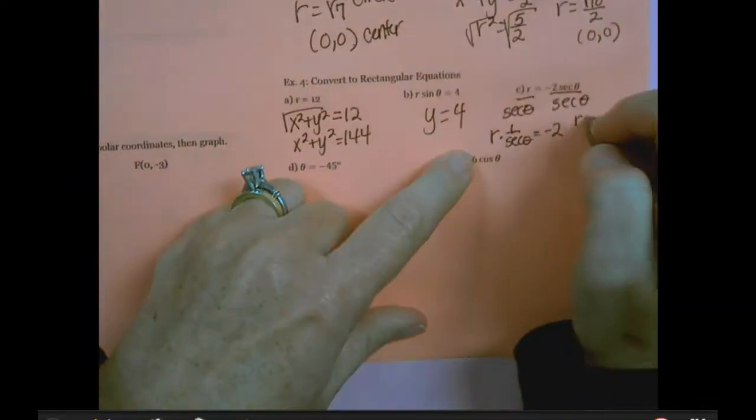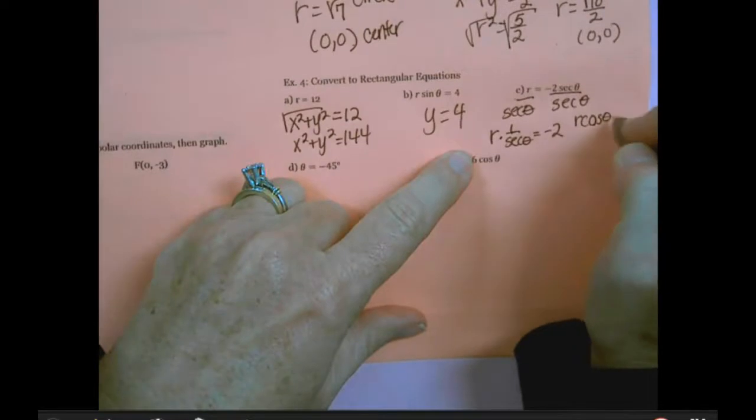So what's 1 over the secant of theta? What's the inverse of the secant? Which one goes with that? Cosine. Thank you. So now I have r cosine theta equals -2. And what's r cosine of theta? Hallelujah. -2. That's it.